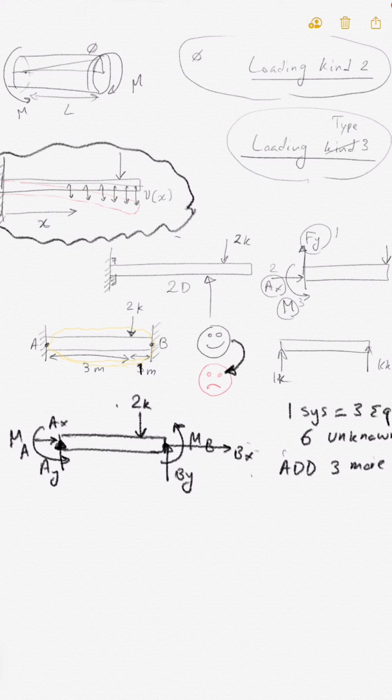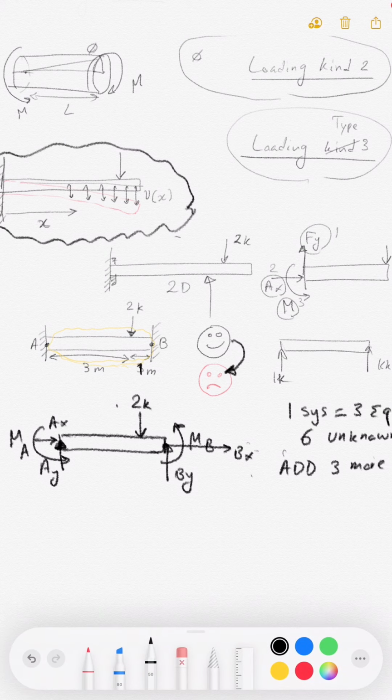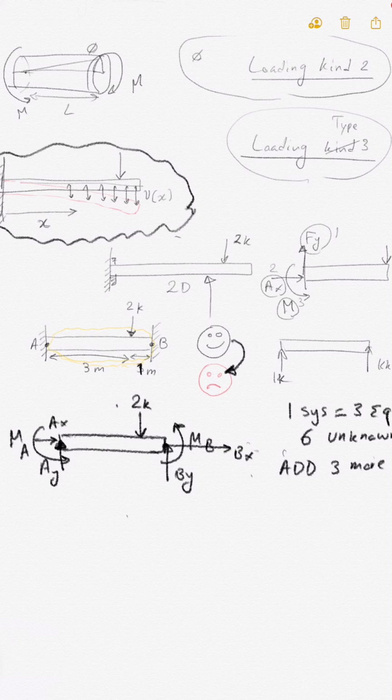Well, you have one of those equations coming from the deflection, right? You already studied that, and you know that the axial deflection of point B with respect to A is equal to 0, right?